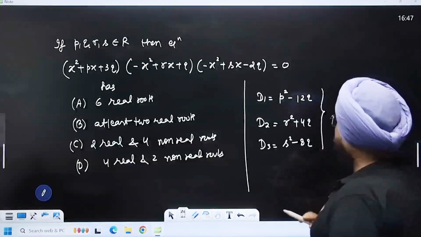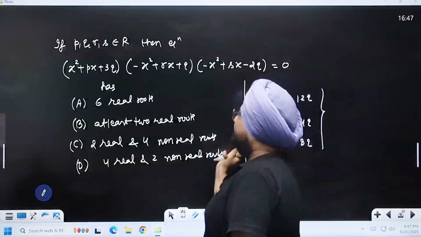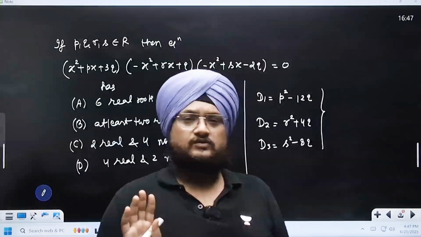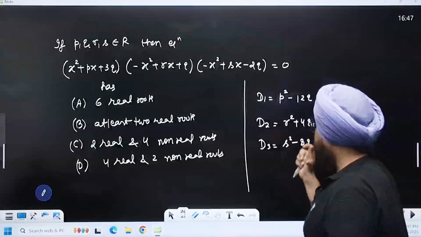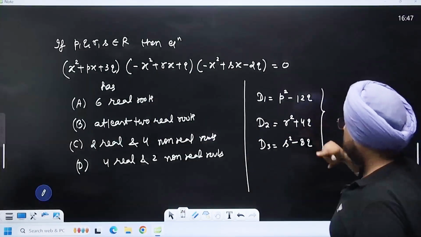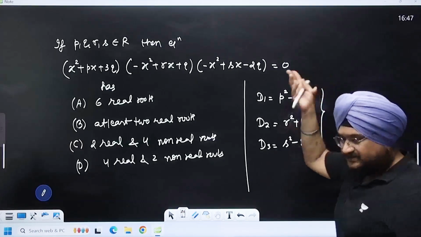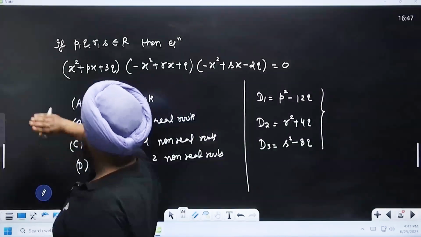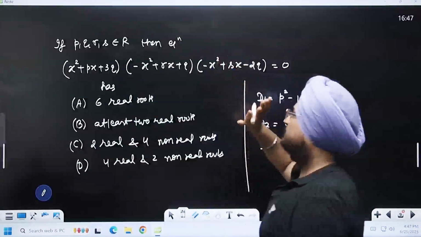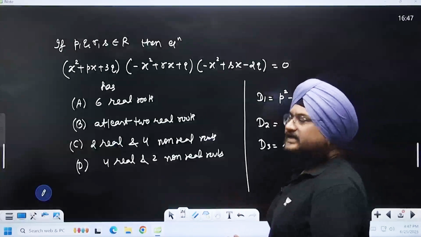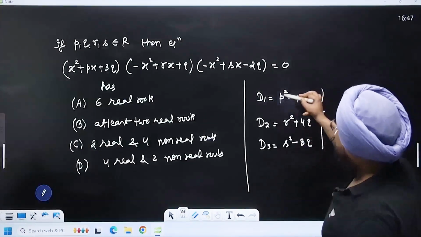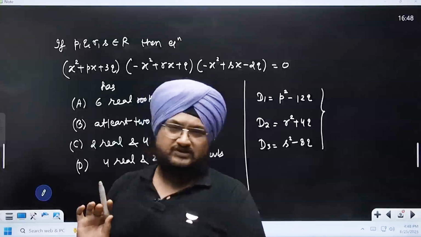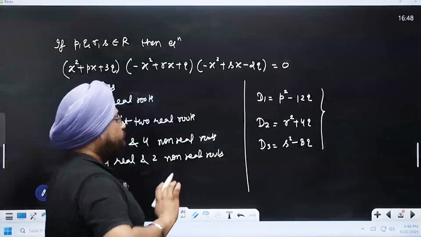Now we can say clearly that we do not know anything about P, Q, R, S except the condition that they are real numbers. So we cannot specifically say that D1 will be positive, D2 will be negative, D3 will be positive, or vice versa, because we are not given any relation about P, Q, R, S except that these are real numbers. So we know that P square, R square, S square all are positive.